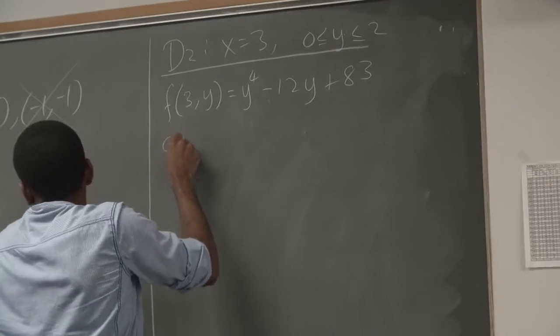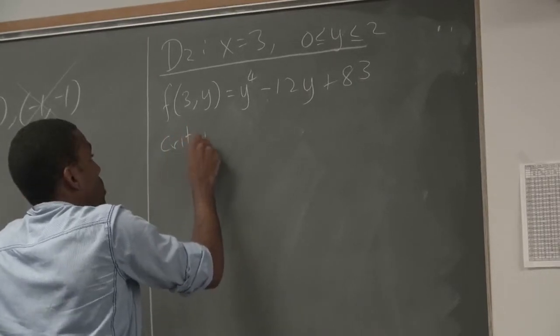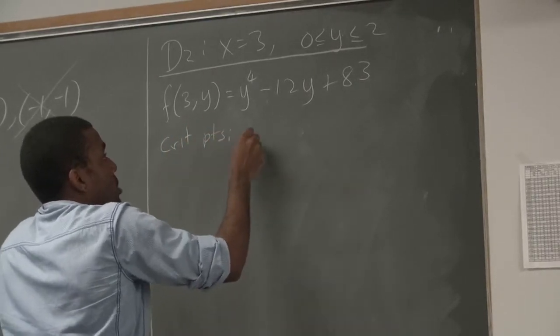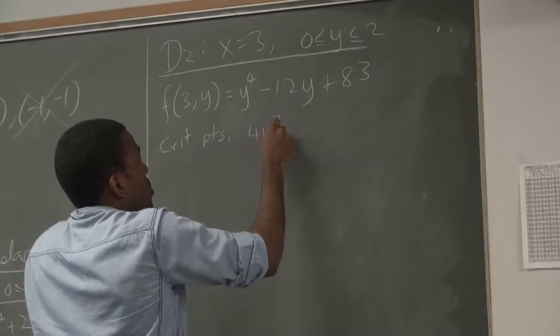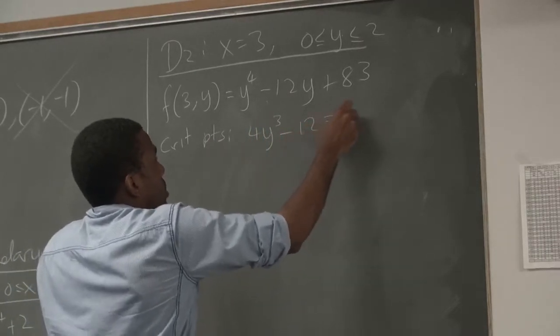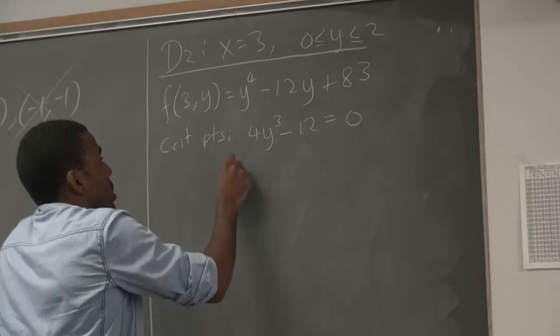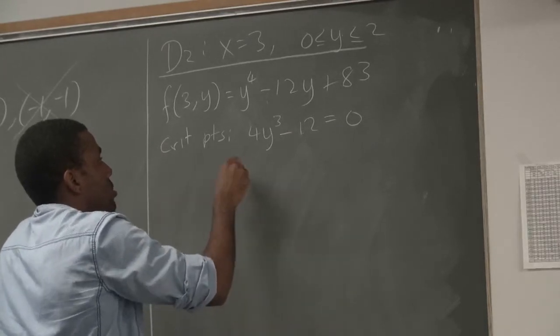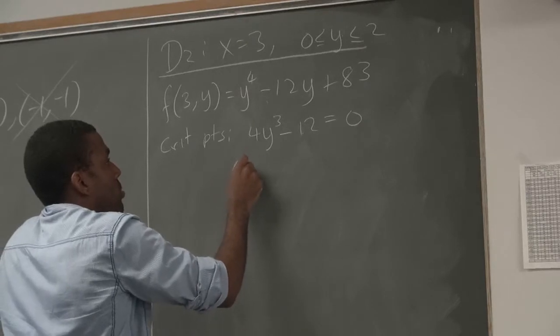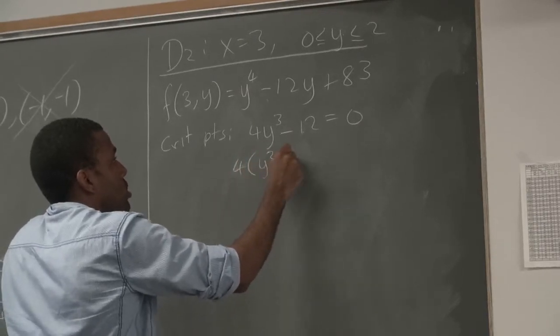So now to find the critical points, this means 4y cubed minus 12 equal to 0, right? And so I would have 4 times y cubed minus 3.